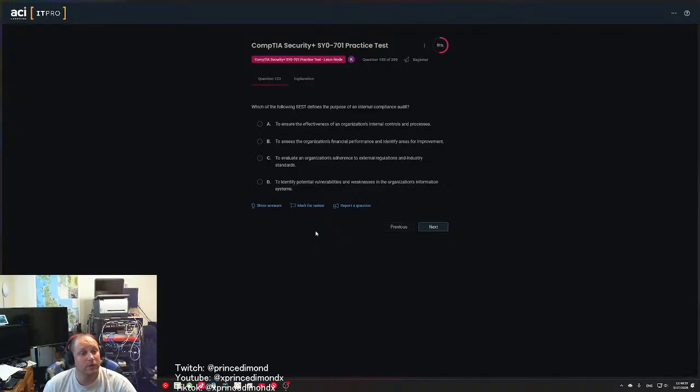Which of the following best defines the purpose of an internal compliance audit? To ensure effectiveness of organization internal controls and processes, to assess organization's financial performance. Nope.